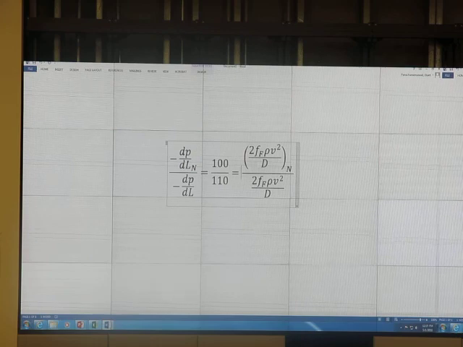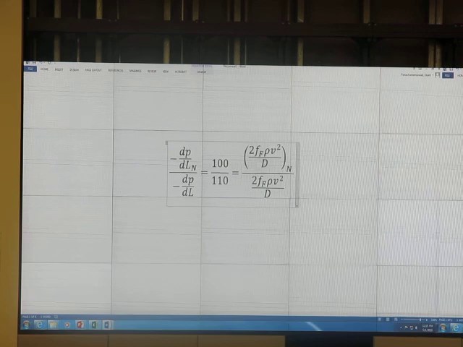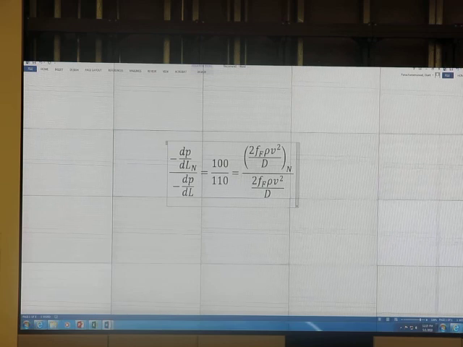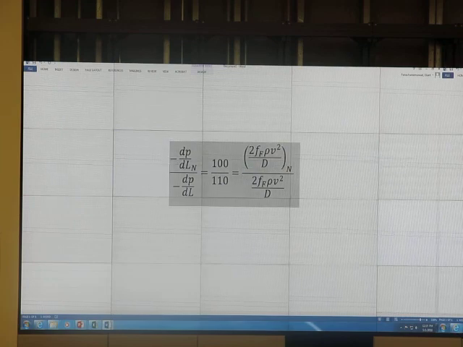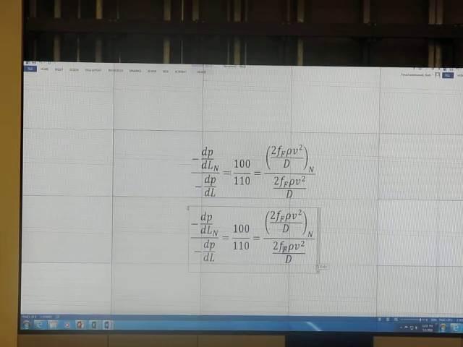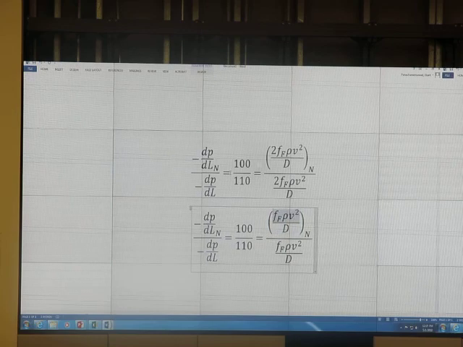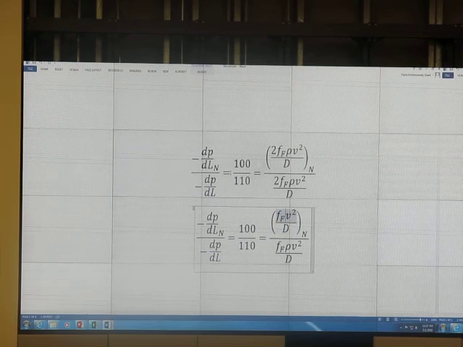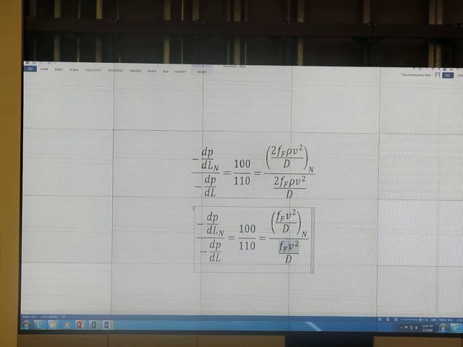When people say, hey, my pressure drop went up by 10%, something stuck in the pipe, how thick is it? Okay, let me copy everything over there. 2 cancels with 2, right? Density should cancel with density.